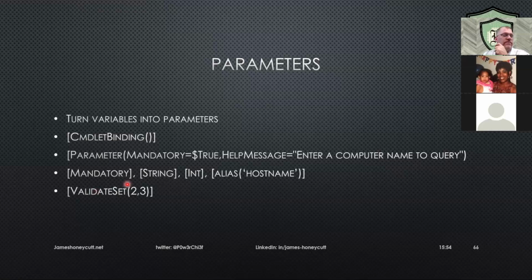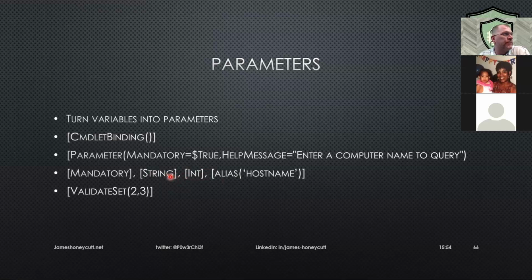You can make them mandatory. You can also not validate, but make them, you know, when we were talking about scripts earlier, we said that they're always a string unless you tell it it's not a string. Well, inside your parameters, as you're building your parameter blocks, that's how you would do it.